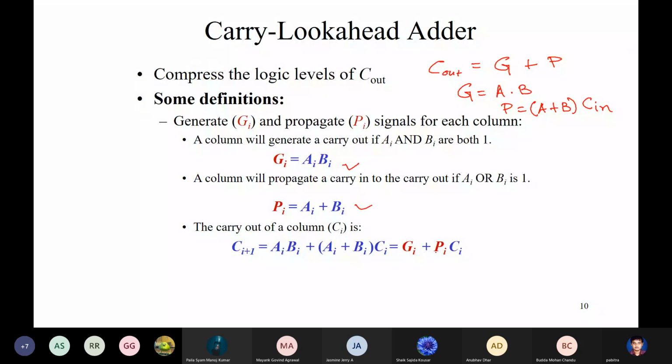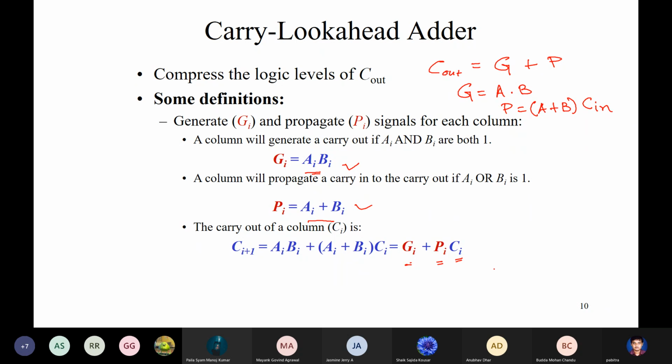Sorry, I made a slight mistake. The propagator is Pi equals Ai plus Bi, whereas the generator is Gi equals Ai dot Bi. So carry i plus 1 is the generator plus the propagator times the carry in for that adder.